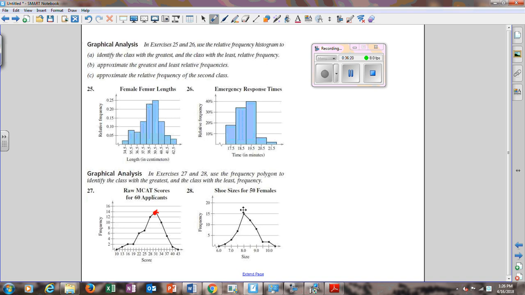Okay. Our highest tier is at 8. So you could say between 7.5 and 8.5, or you could just say 8. Either one is fine. Your lowest, now see this one is a lot more steep than this one. And so I would say your lowest area would be between 6 and 6.5.